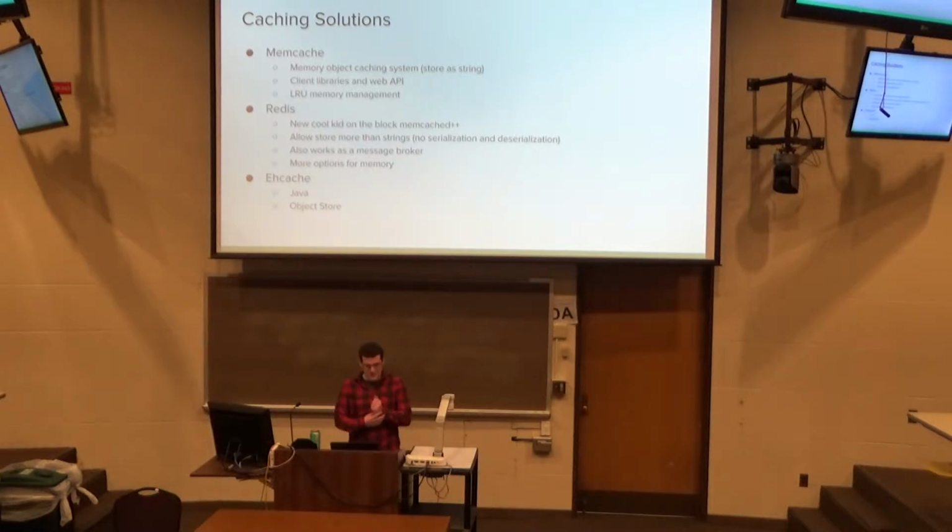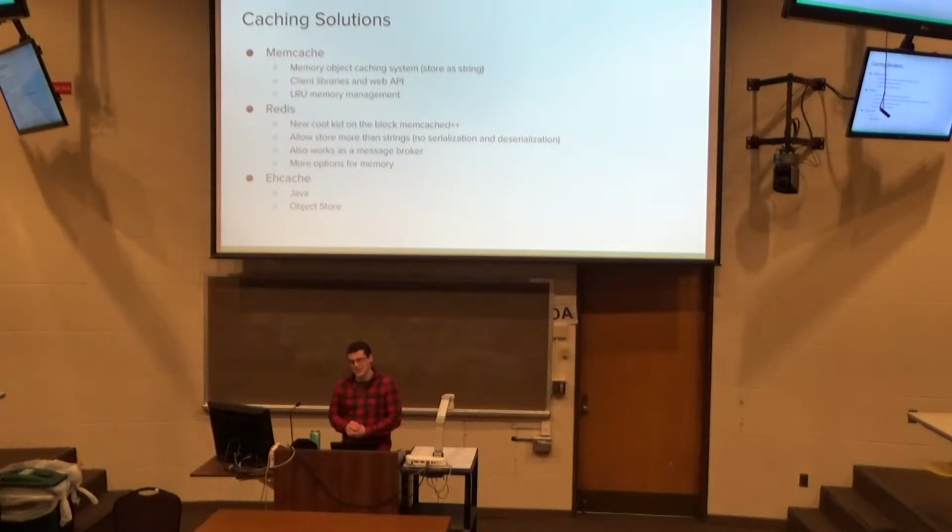There's client libraries and a web API. This is well-supported technology that's used by a lot of people. The one thing is it uses LRU, which is least recently used, which is fine for a lot of applications, but if you have custom memory management needs, then you kind of are stuck with just using LRU.